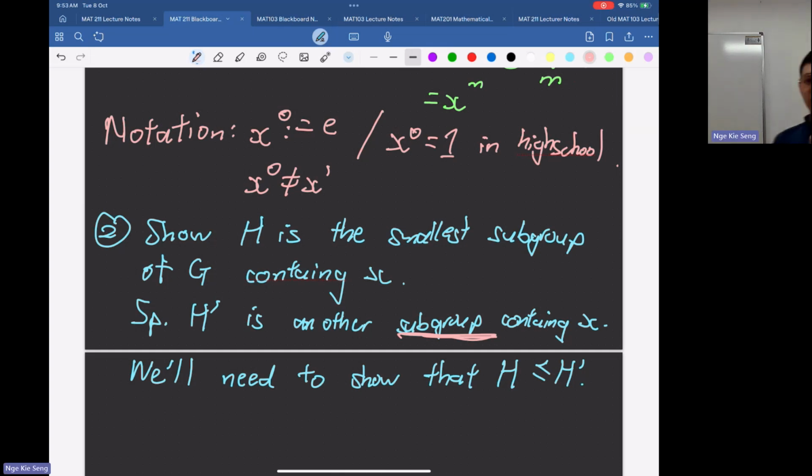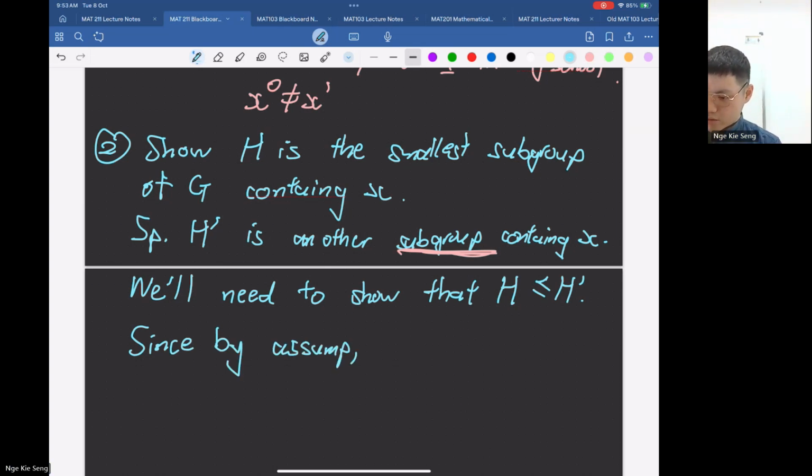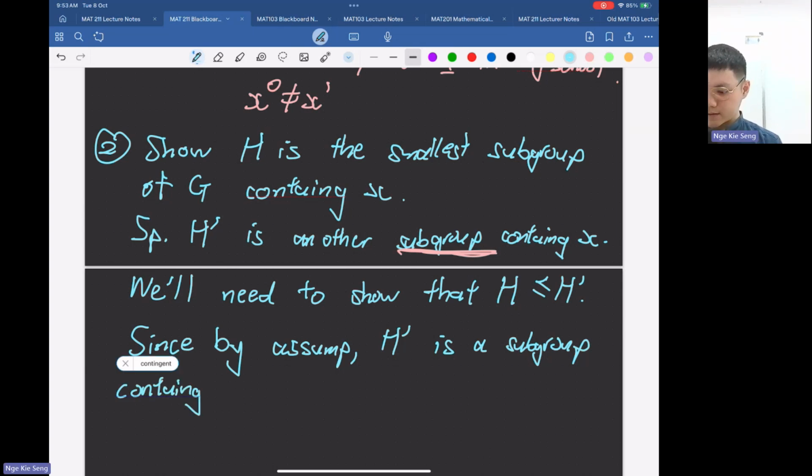Okay, so what we will say is this H prime here, since H prime is a subgroup containing X, it has to contain all products.